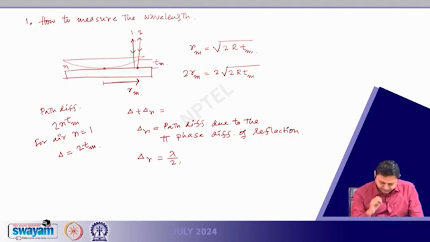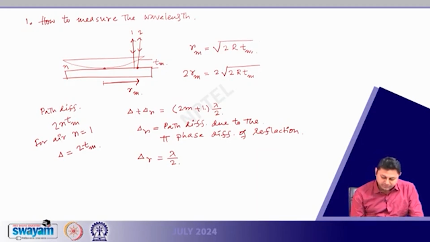So, for destructive interference we have a condition like this, that it has to be the odd multiple of lambda by 2.